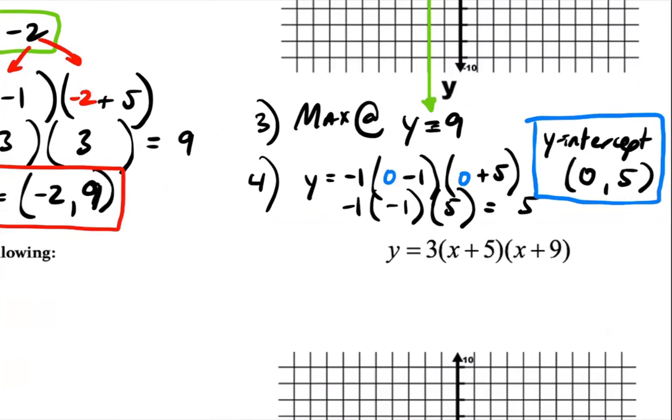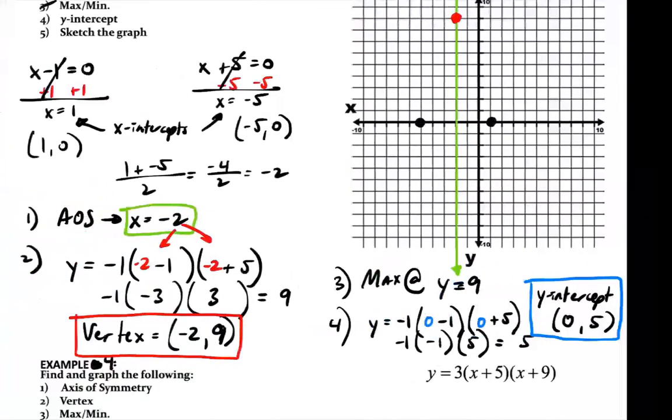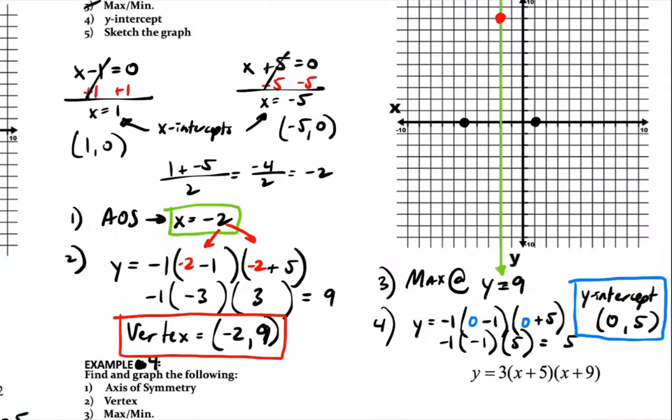So I'm going to make that dot now. One, two, three, four, 5. And then I make a dot on the other side because it reflects across the green line, right?